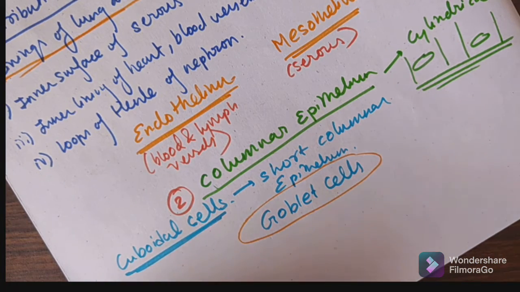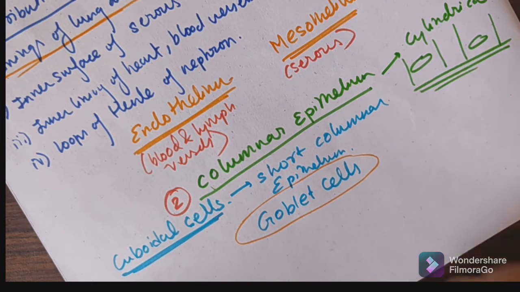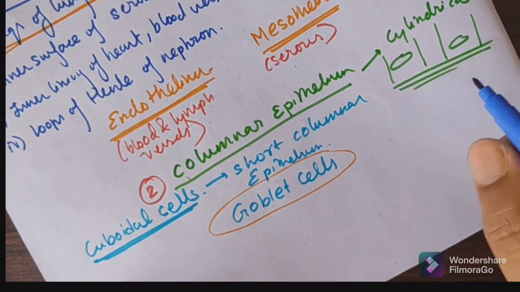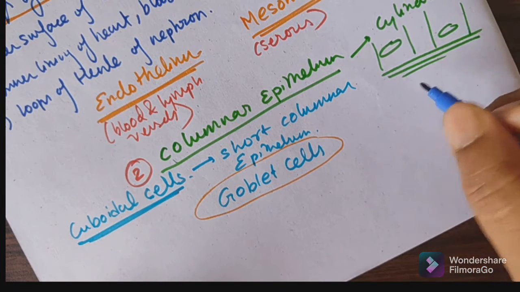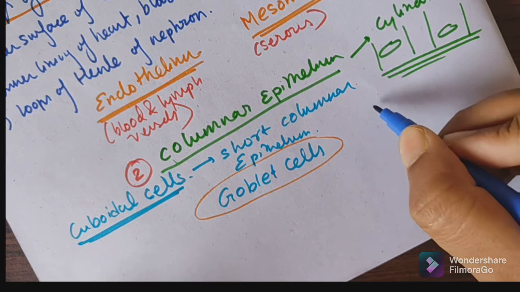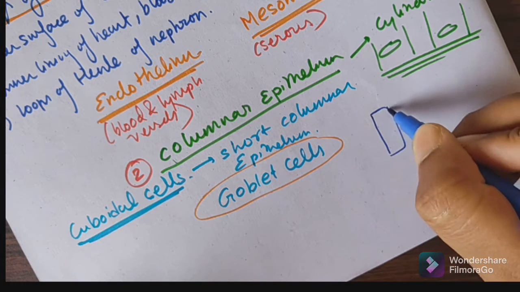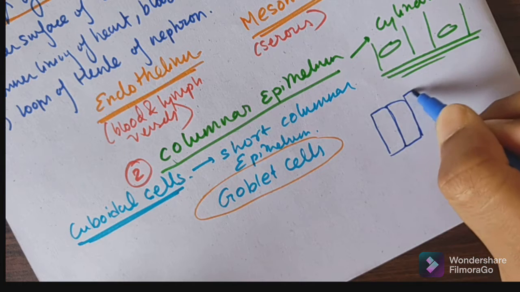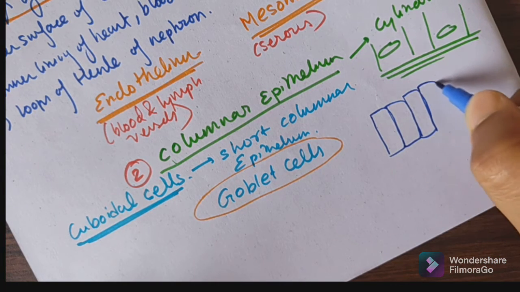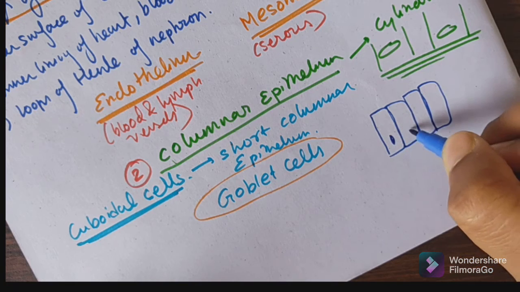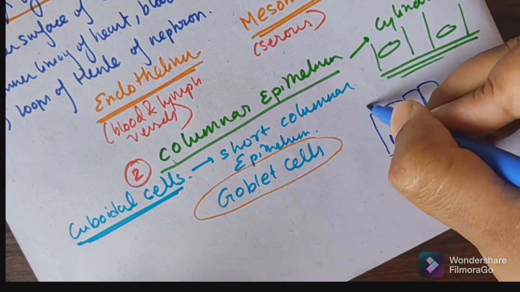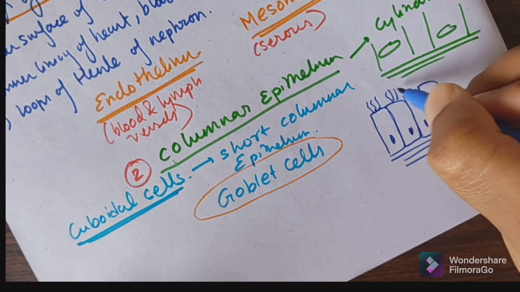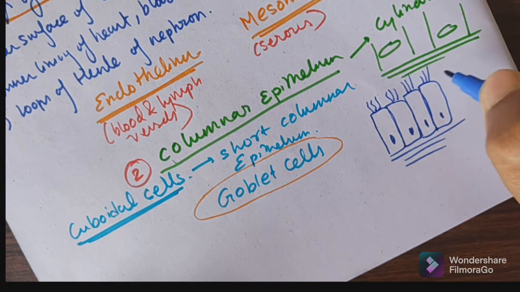Okay. Now first let's discuss about the structure of the columnar epithelium. Okay. So generally the columnar epithelium is like this. So these are column-like cylindrical cells. Okay, and their nuclei lie towards the basement membrane, and they may also bear cilia on their free surface above, which will make them the ciliated columnar epithelium.